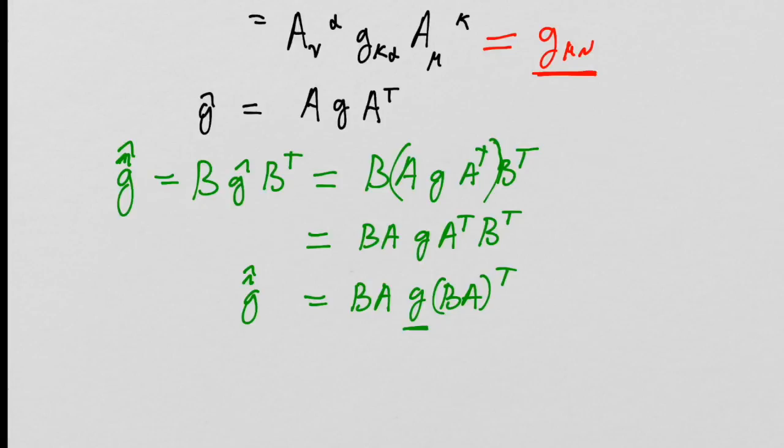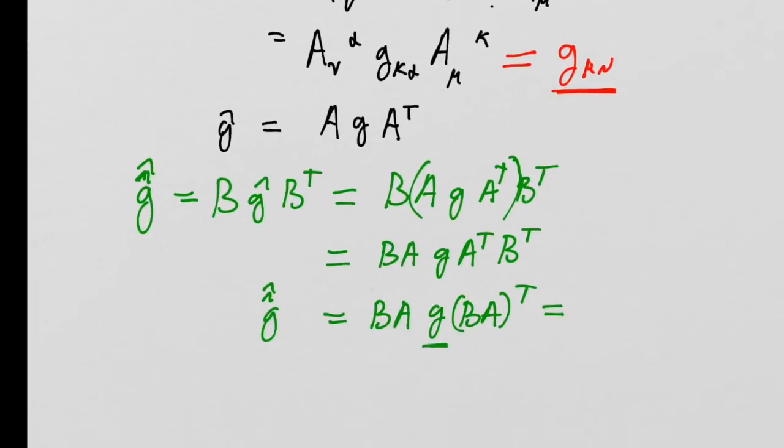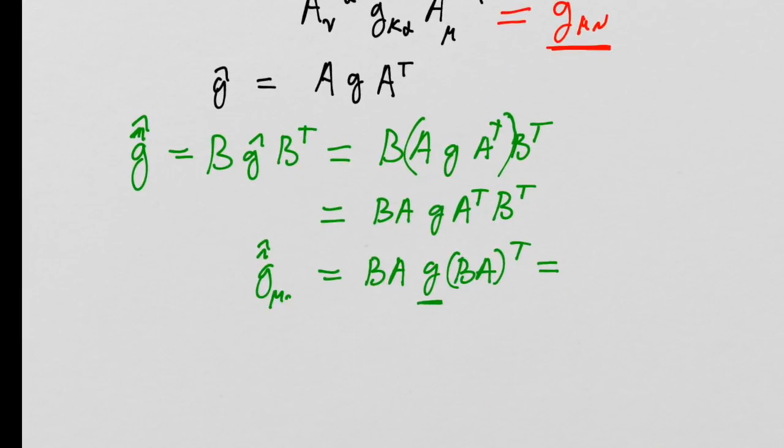So we know that G hat mu nu must equal G double hat mu nu must equal G hat mu nu, but we know G hat mu nu equals G mu nu, and therefore BA is a member of the isometry group.